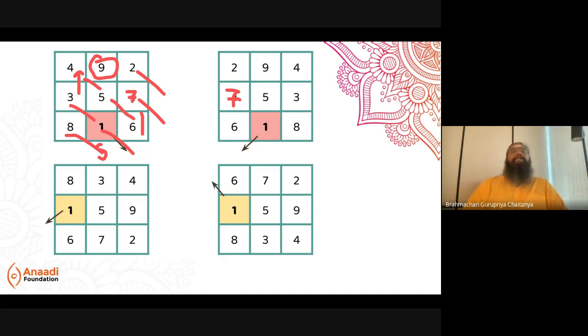So you can try these on your own. You can slowly try and see. So this is magic square. This works in 5 cross 5. It works in 11 cross 11. Just have to continue going the direction, and when you're blocked, go the opposite direction.